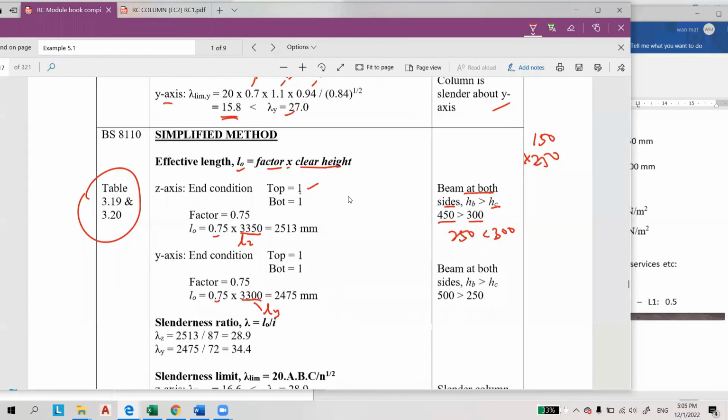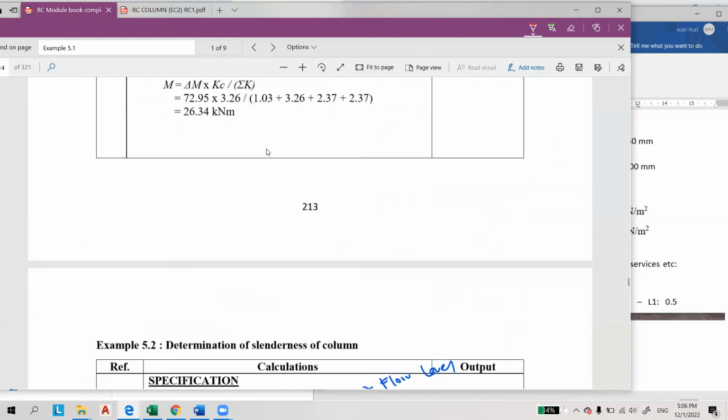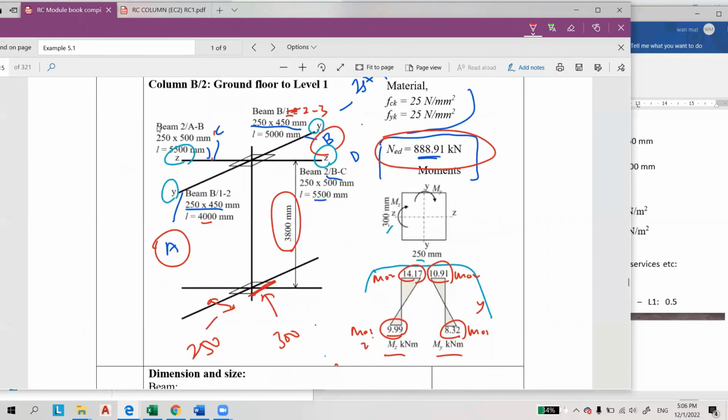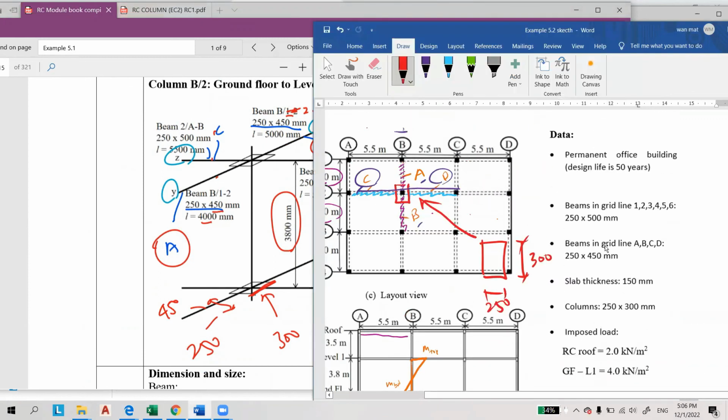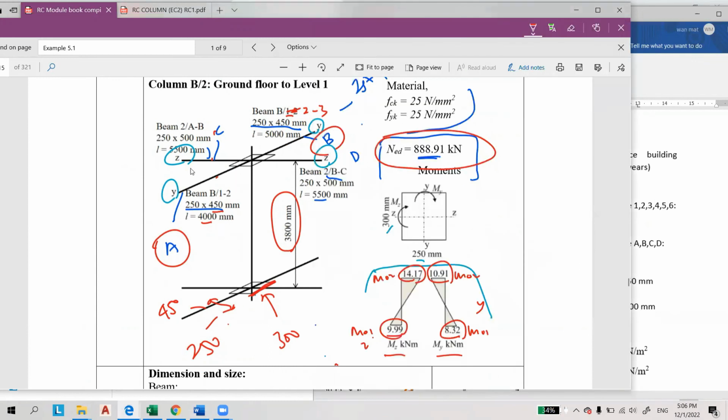But since there is a beam at the top and a beam at the bottom, I must show you this one. The beam here is 450, and this must be 450 also. You must refer to the layout, the beam in grid line. This one is 450 also, so it's greater than 300.